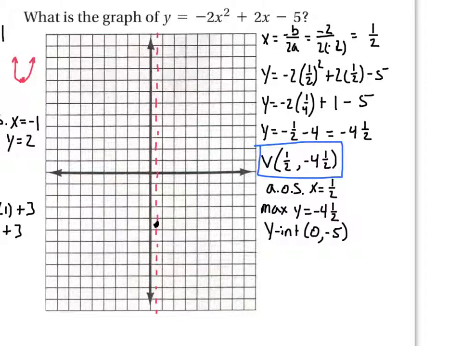We know that we have a y-intercept at (0, -5), so I'm going to plot that point. Okay. I've got 2 points. I still need one more. Now notice, I've already got a point on the left side of my axis of symmetry. So let's pick one more on the left side of the axis of symmetry. What x value am I going to pick? Negative 1.